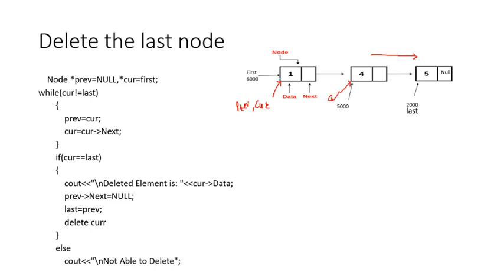Now again this node is not the last node, so again we increment prev as well as current. Prev starts pointing to this node, and current is current arrow next, so current starts pointing over here.